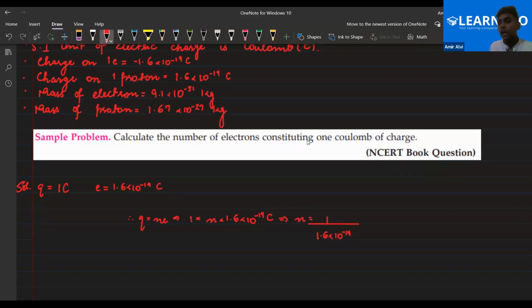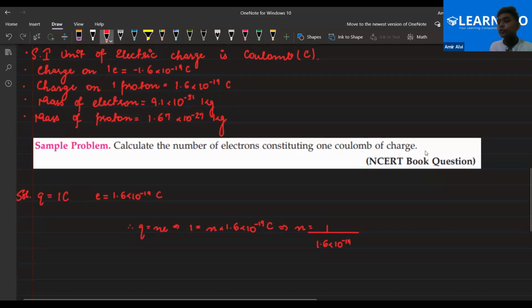The question says 1 coulomb of charge. Charge is denoted by Q, and 1 coulomb is the quantity that is given. Just like we use kg to represent mass, kg is the SI unit, and coulomb is the SI unit of charge. Got it? And charge is denoted by Q.